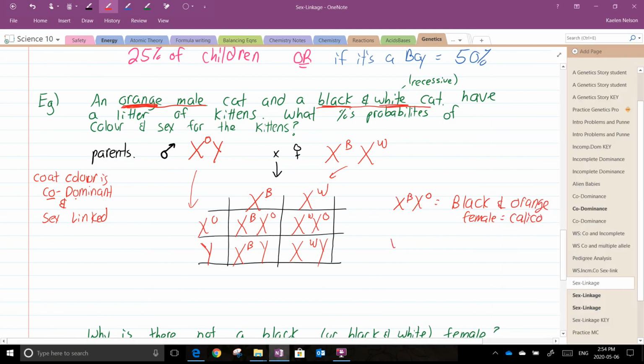And then XW, XO is a white and orange male. No, white and orange female, sorry. Female because it is two X's. Then I have XBY, this is a black male, and XWY, which is a white male.